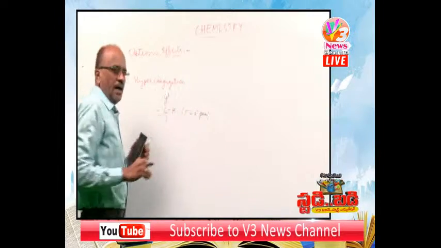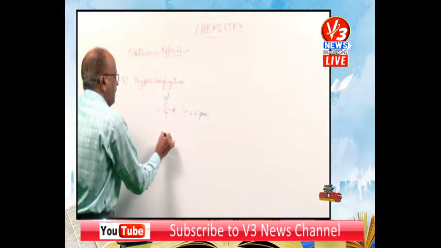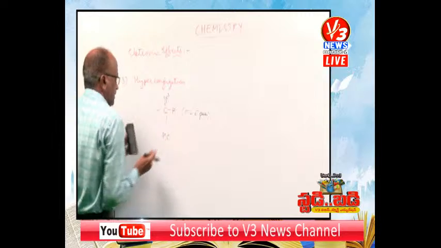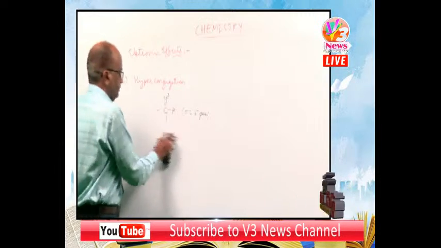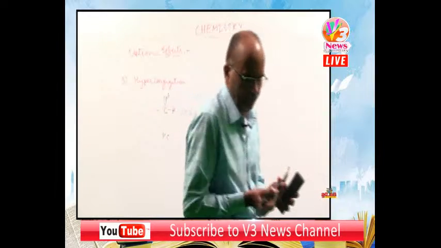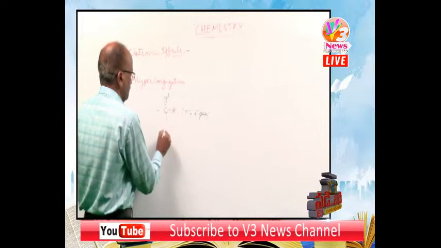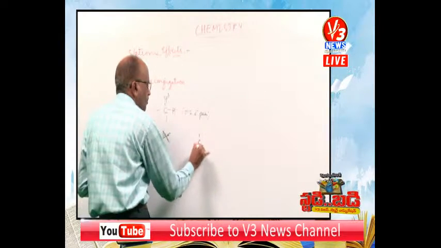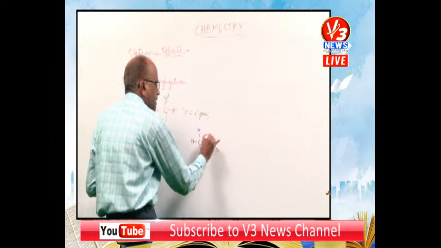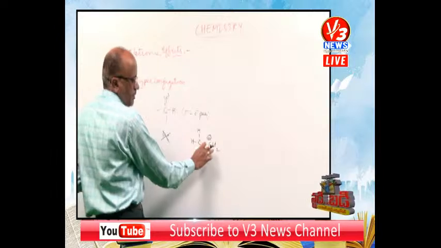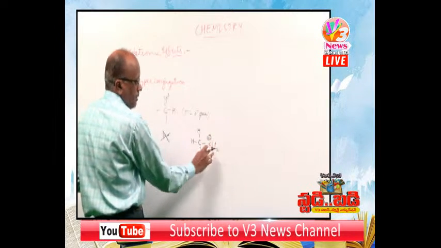Now we will see how to find out these hyperconjugative structures. For example, I will take the ethyl carbocation. This is the ethyl carbocation. Now this is an unsaturated system. It contains an empty p orbital.